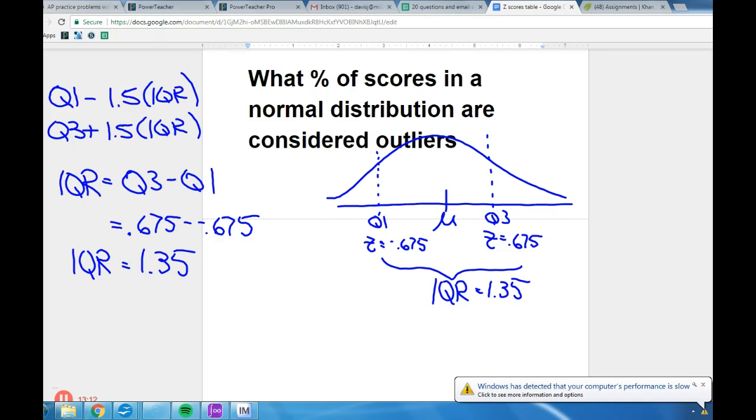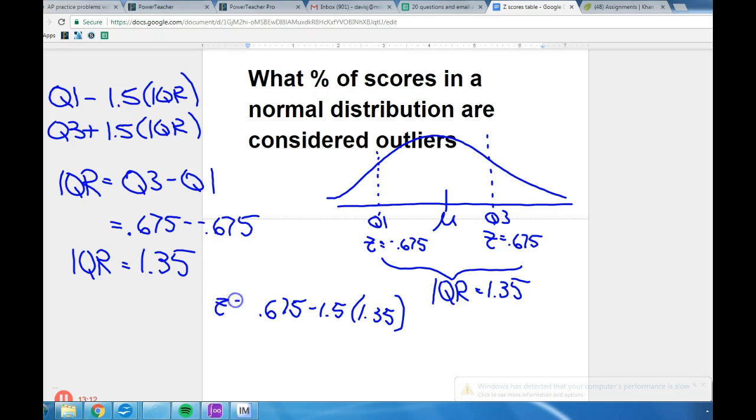So I want to take this negative 0.675 and go 0.675 minus 1.5 times the IQR. This is all Z-scores we're working with. And I believe that comes out to like negative 2.7 something. Is it just 2.7? Okay. That's the hard part.